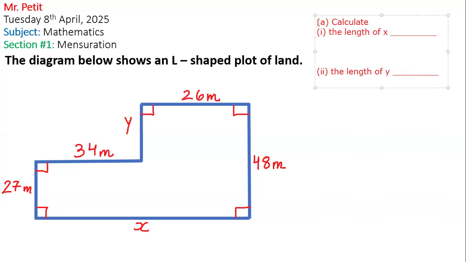And then after that, I want us to calculate the perimeter of the plot of land. So that's what we're trying to figure out: the length of X, the length of Y. We want to calculate the perimeter of the plot of land, okay?